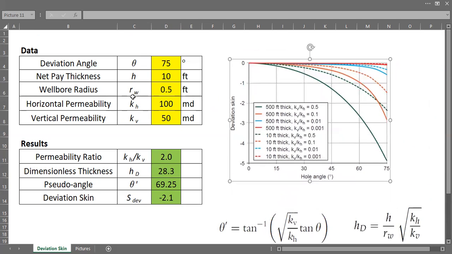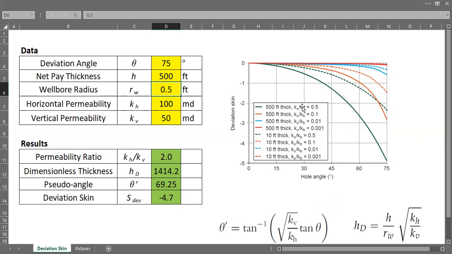All right. Deviation angle 75, net pay thickness 500, wellbore radius doesn't really matter. Horizontal permeability doesn't really matter. What matters is the ratio, kV by kh here. So our kV by kh is already 0.5 because we have vertical permeability of 50 and horizontal permeability of 100.